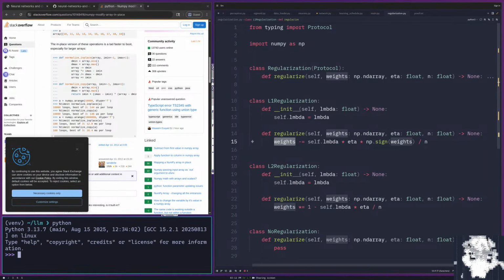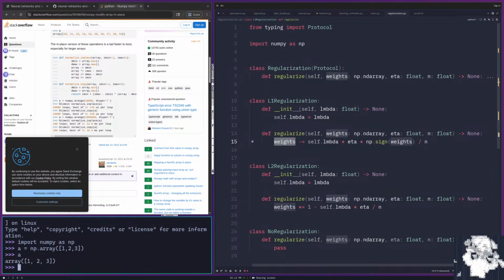Let's just open Python, import NumPy as np. a is equal to np.array 1, 2, 3. Let's do def func.